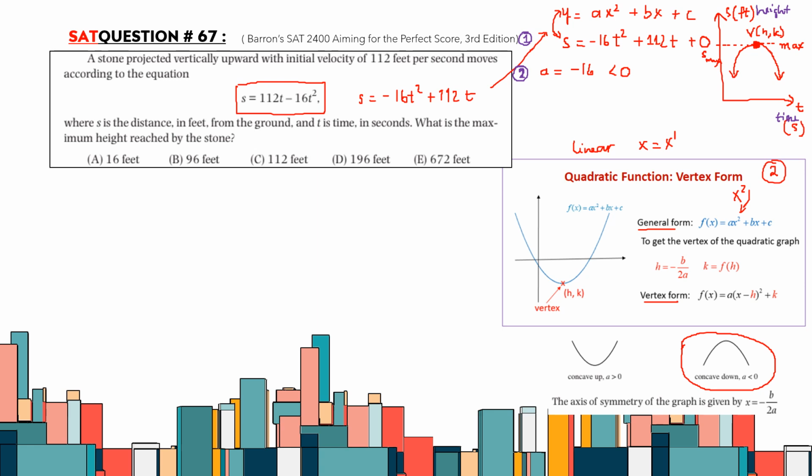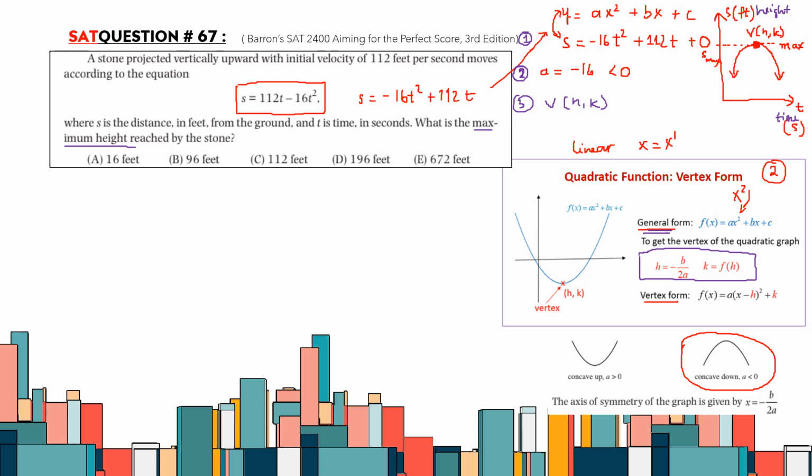And what they ask for is the maximum height, so they're asking for k, the y value of the vertex. Now the vertex is h comma k, right? In this case, they gave the general form, so we have to use this formula to find h and k.